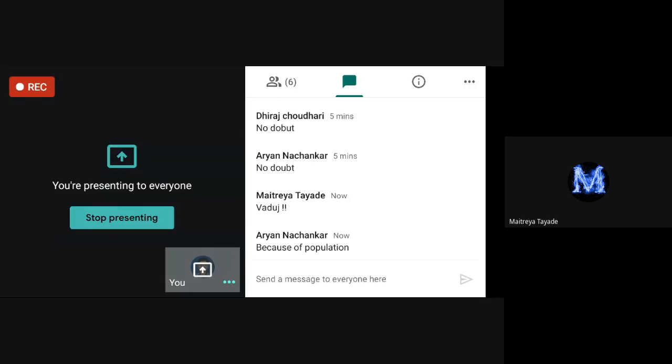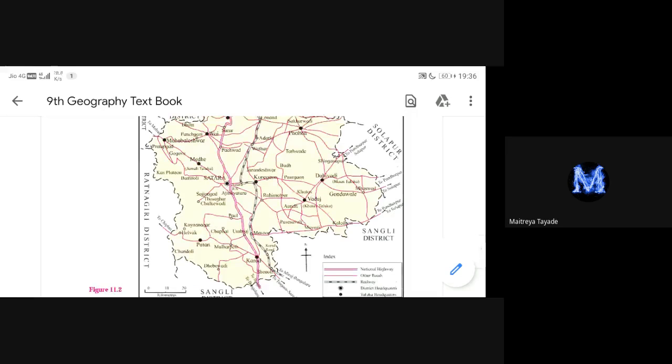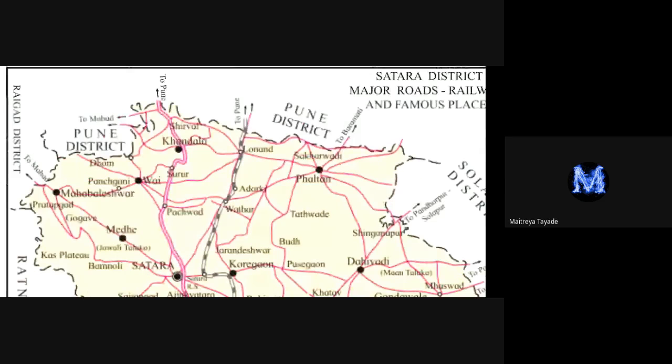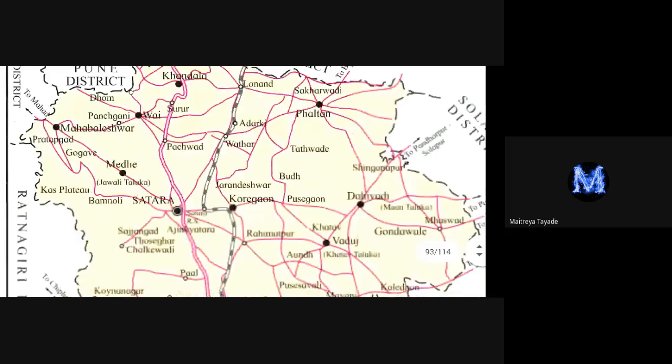Look, Patan is here, the points where there is a black dot. Here is Phaltan, here is Wai, here is Mahabaleshwar, and in the central region Satara, Koregaon, Dahiwadi and Vaduj also.